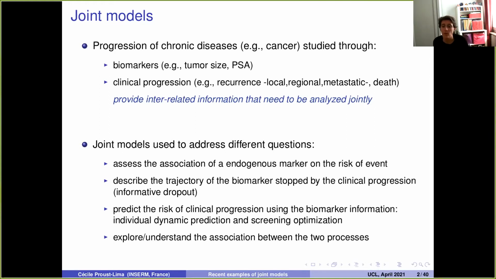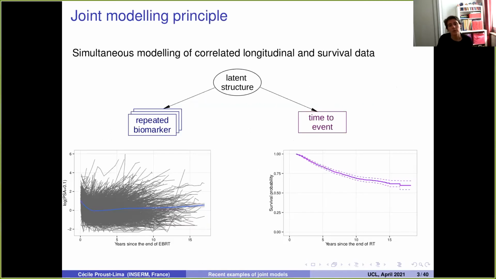So we have here a problem of informative dropout. Or we can be interested in predicting at an individual level the risk of progression using the biomarker information we have collected so far. And basically, we can just be interested in exploring the association between different processes of progression. Whatever the question, the structure or the principle of a joint model is always the same.